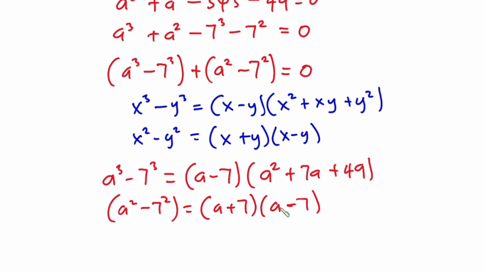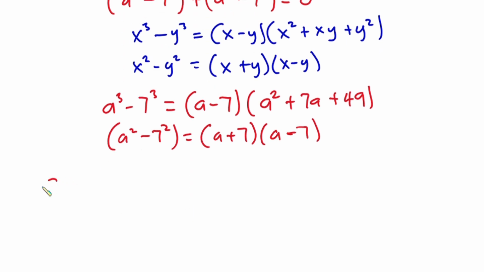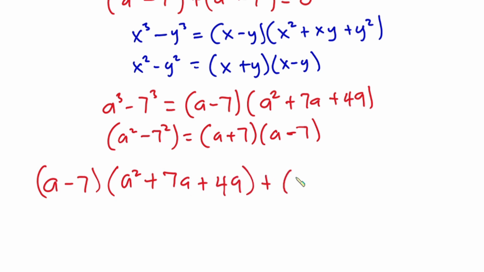So now let's substitute this one into the equation over here so that we get a minus 7 times a squared plus 7a plus 49 plus a plus 7 times a minus 7, and this is equal to 0.